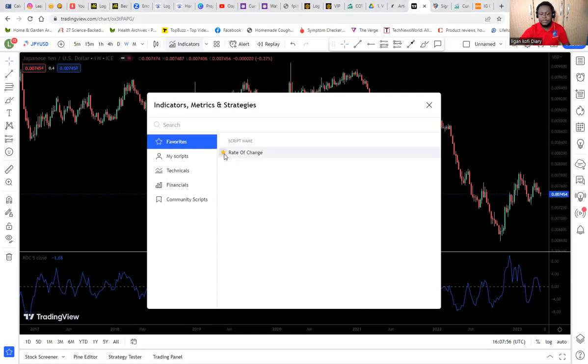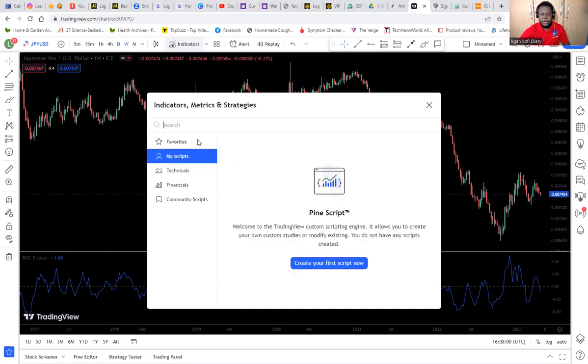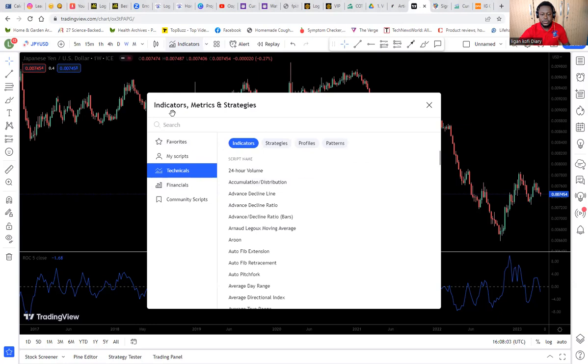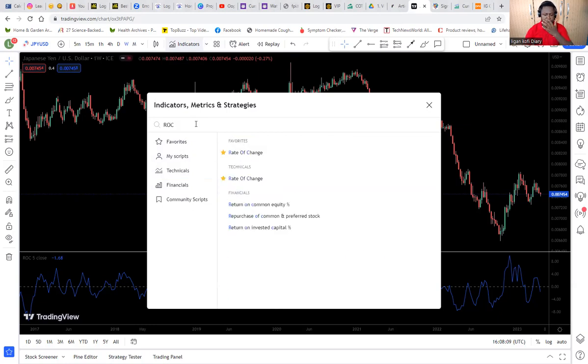I have even saved it as a favorite indicator. If you go to technical tools, you search for ROC, and when you search for ROC, it will come. Rate of change is here.